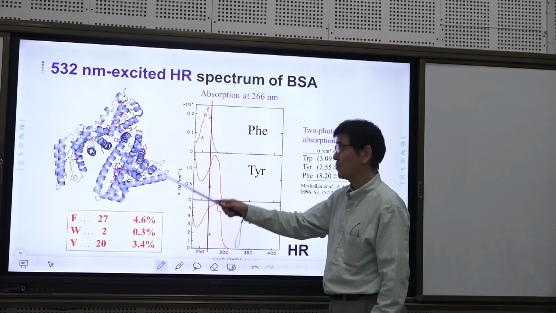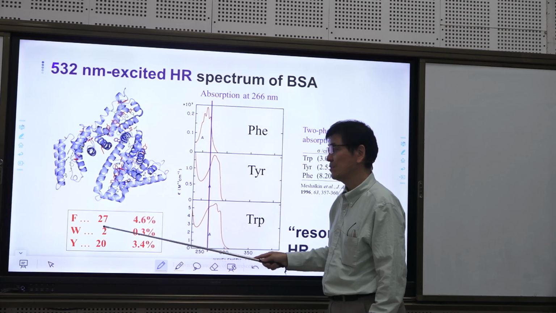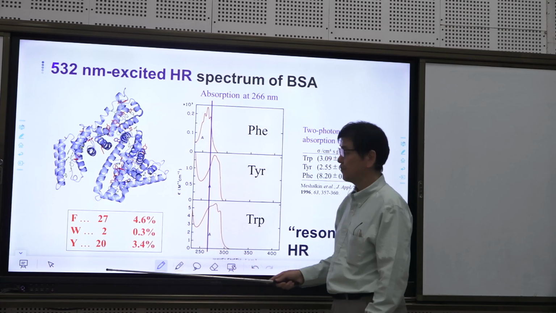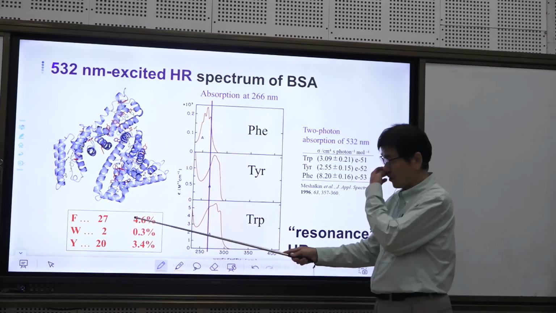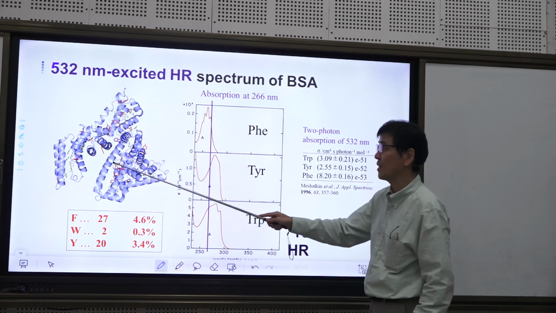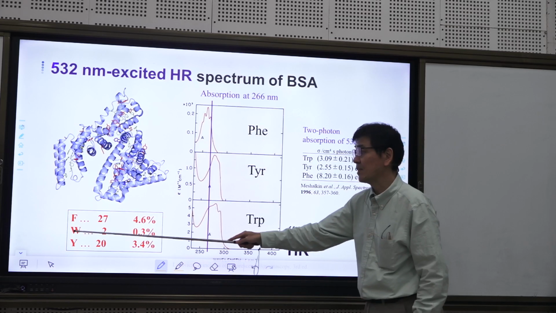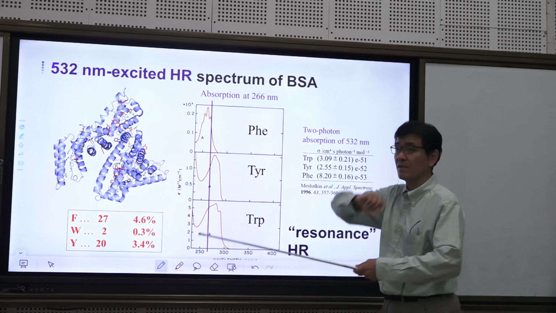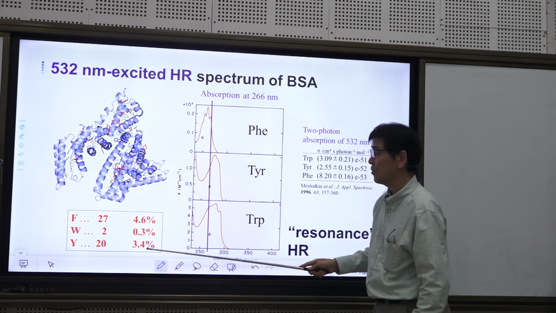And it contains 27 phenylalanine, 2 tryptophan, 20 tyrosine. But they are only 4.6% of all the residues. The 2 tryptophan residues occupy 0.3% of the total length. The 20 tyrosine residues are 3.4%.